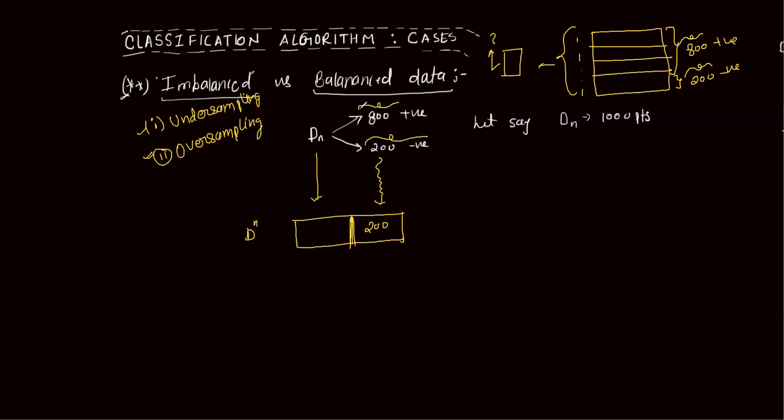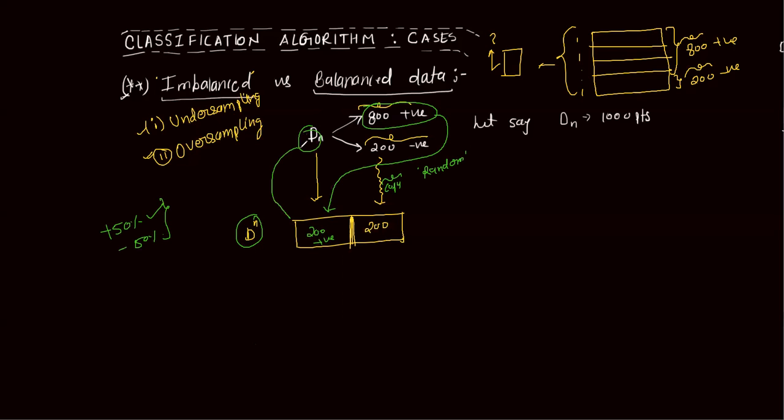But for the positive points, I am going to take only 200 random points out of them. Then, for the negative points, I just do a copy and paste, and I create my new data set. Now if you see this data set, we have 50% positive points and 50% negative points. That means our data set is now balanced.